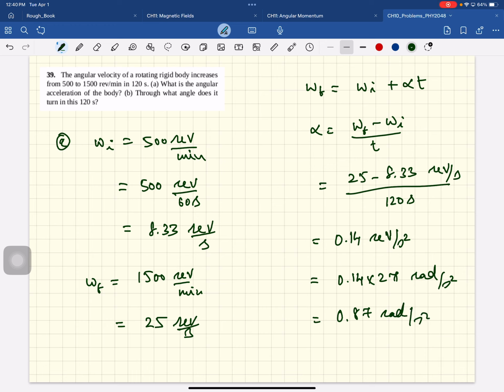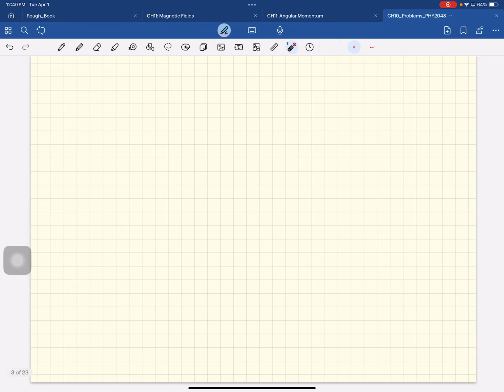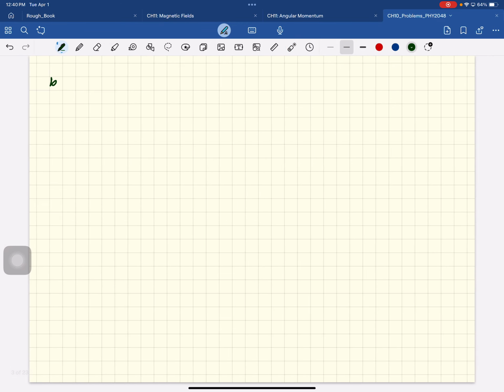Okay. And then part B asks you, through what angle does it turn in 120 seconds? So for part B, we could use the following: omega initial times t plus 1/2 alpha t square.